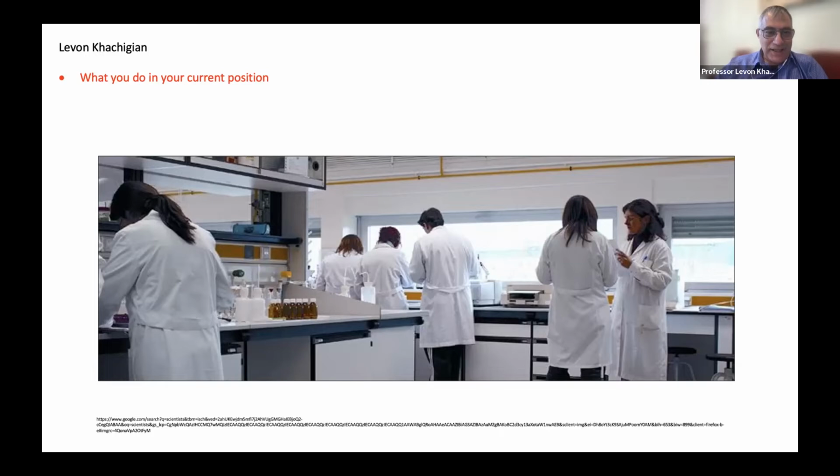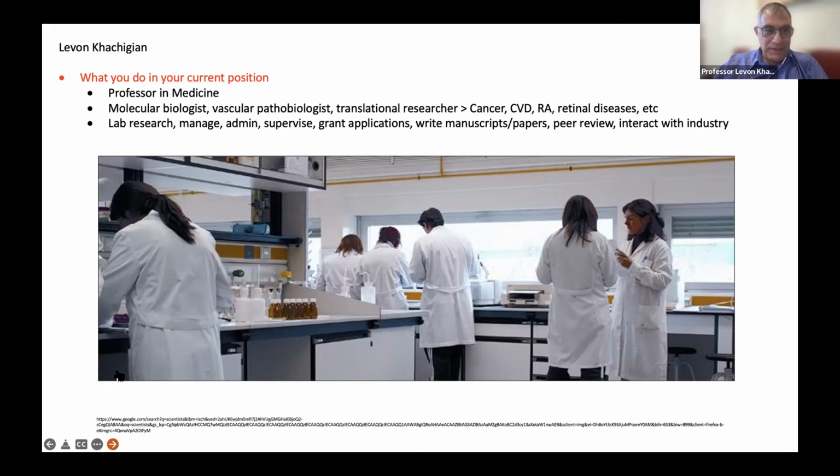Rachel Climie. I am a molecular biologist who's spent his life understanding, or trying to understand, mechanisms of disease. In terms of my current position, I am a professor in medicine at the University of New South Wales.